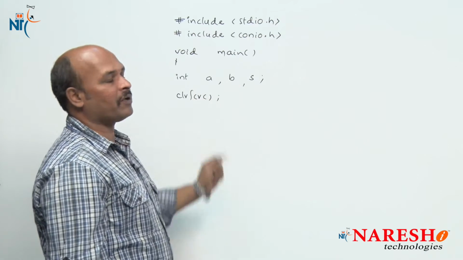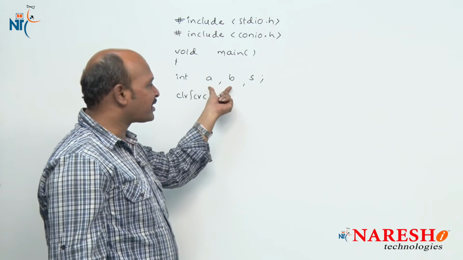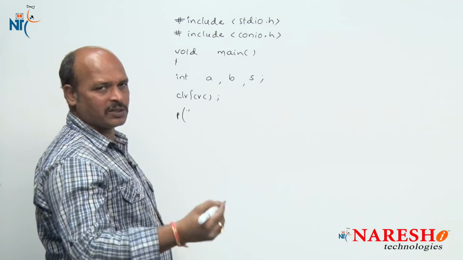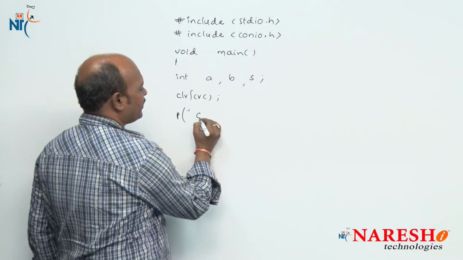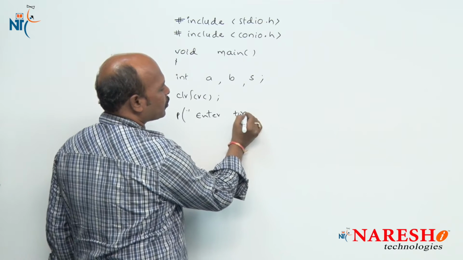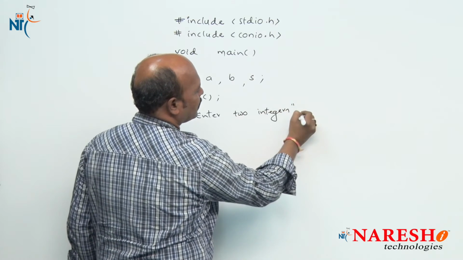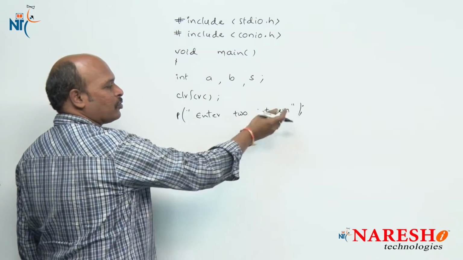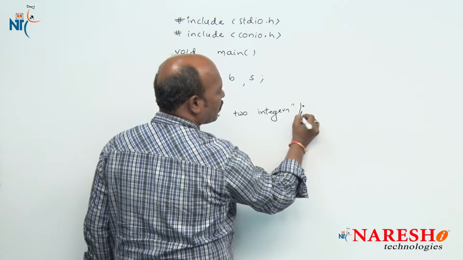And now, first of all, what do we have to do? We have to read some numbers. That is why printf, enter two integers, now semicolon.